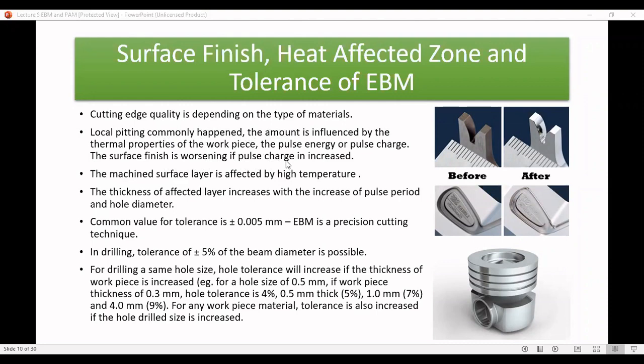So again, as I mentioned just now, the pulse is set at the grid of the apparatus.